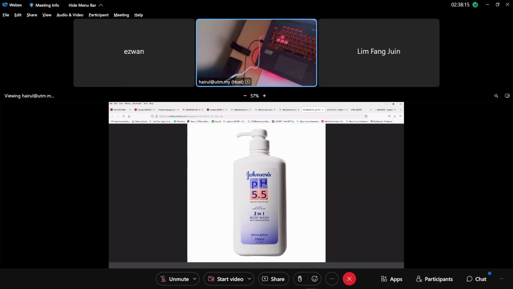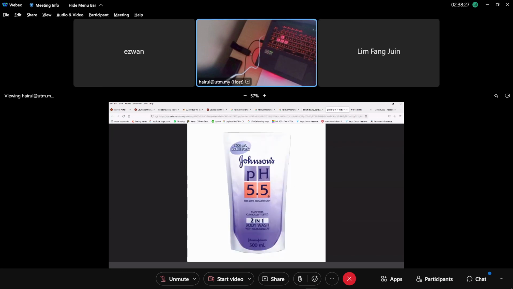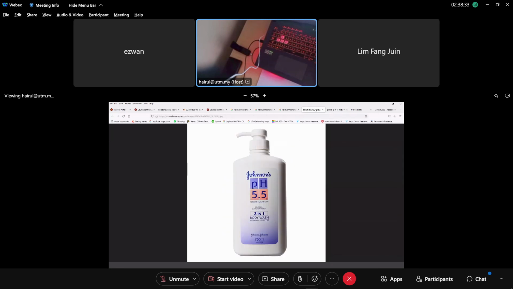This is Johnson. No, I don't want to design a Johnson product. No, everyday life, for example, a bottle like this. This is just an example. I just thought of an everyday life problem. Sometimes I don't want to buy this. I want to, in terms of saving the environment, right?